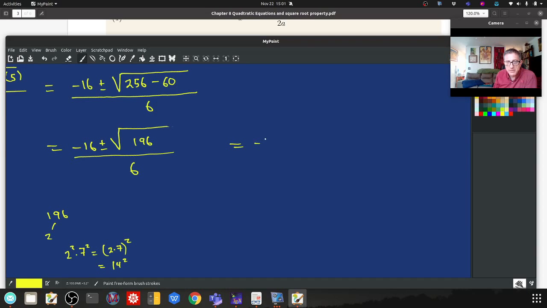So I have minus 16 plus or minus the square root of 14 squared, all of this over 6. So that's minus 16 plus or minus, well, the square root of 14 squared is 14, over 6. So that's going to lead to 2 answers.